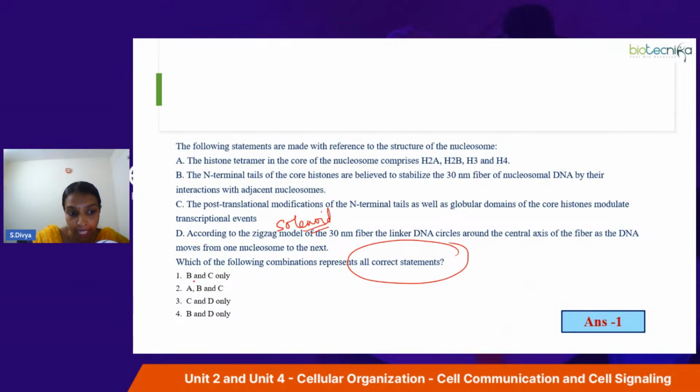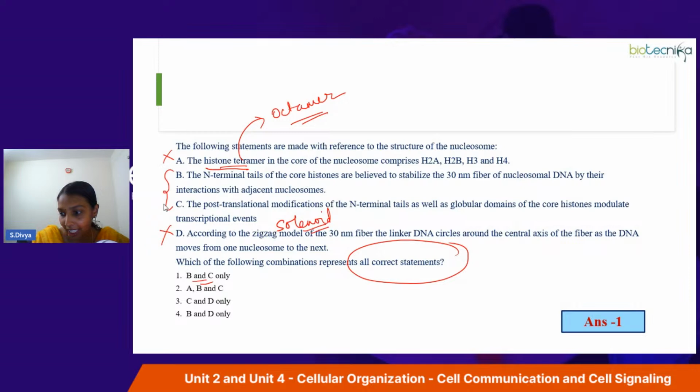Answer is B and C. Here it is not tetramer, here it will be octamer, right? I too missed out. Yes, it should be octamer. So that's why A is incorrect, and D is a solenoid model. So we are having B and C.